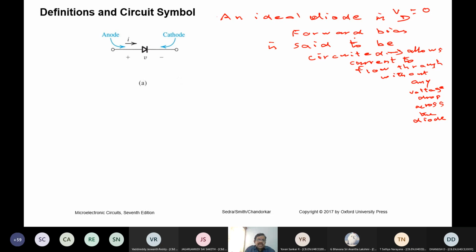You can see there is an arrowhead with a line here. This line symbolizes the negative terminal. The other side is the positive, by convention with all batteries and other systems. So it is a two terminal device. A diode is a two terminal device.